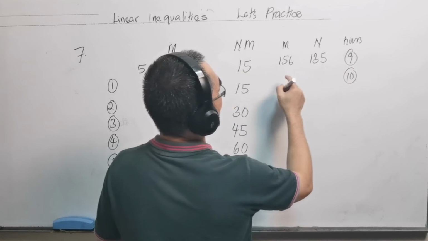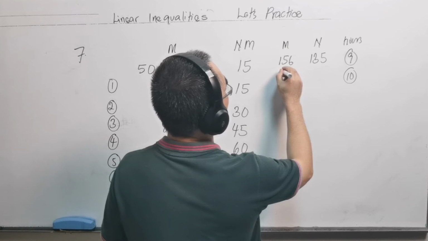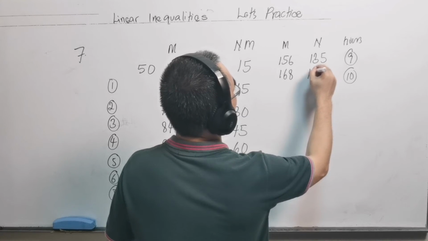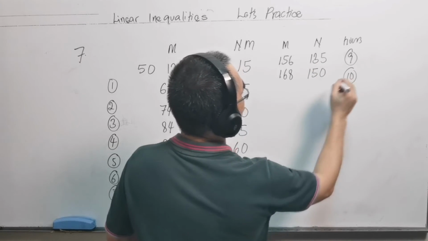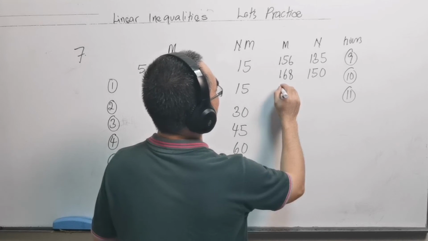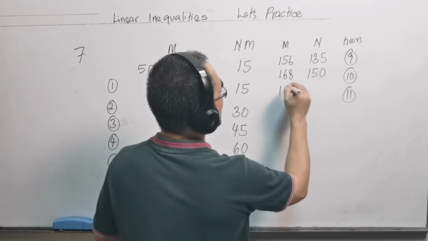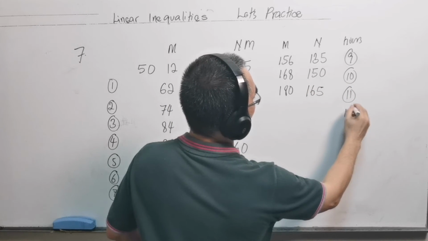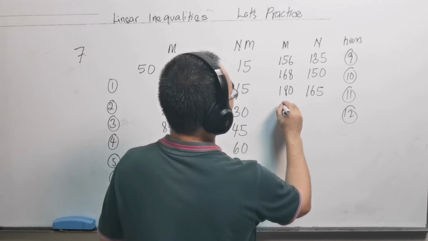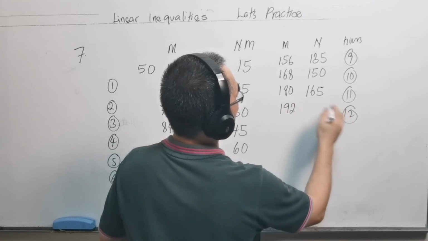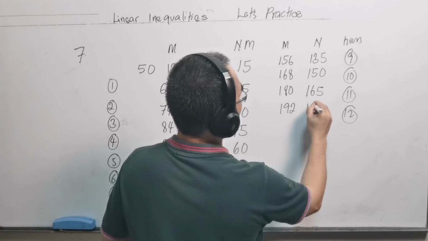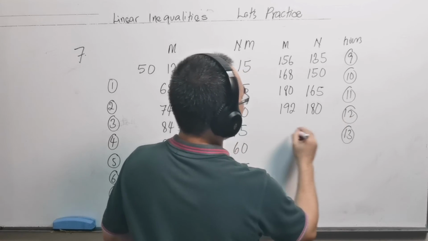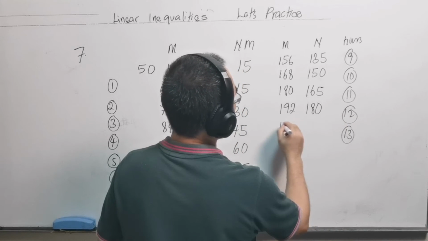For 10 hours, you pay another 12, so 168, and this one is 150. 11 hours, another 12, so it becomes 180, and this becomes 165. 12 hours, another 12, 192, and this one is 180. Another hour, this one is 204, and this is 195.